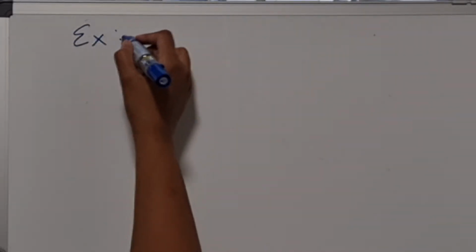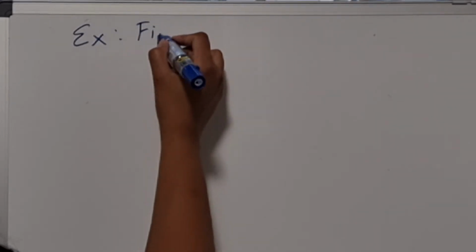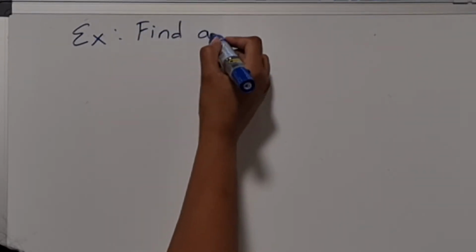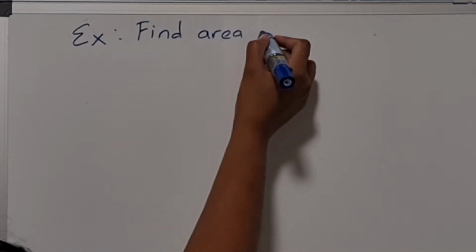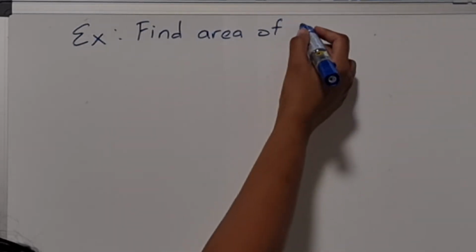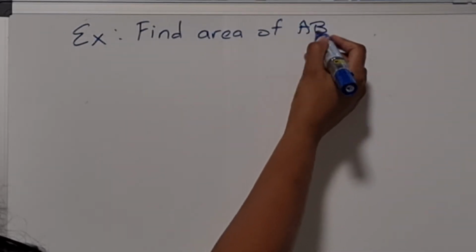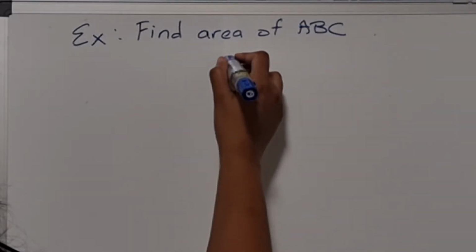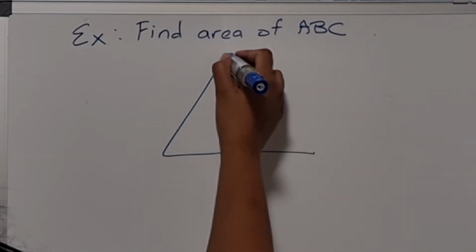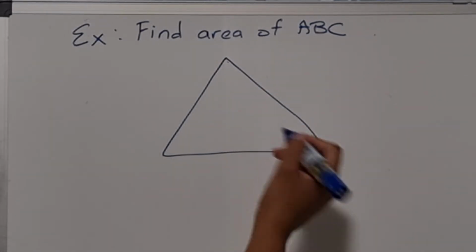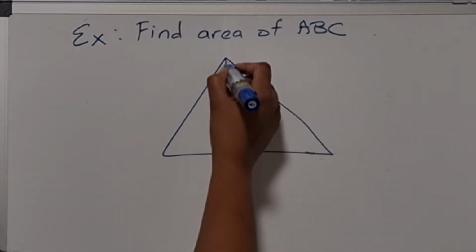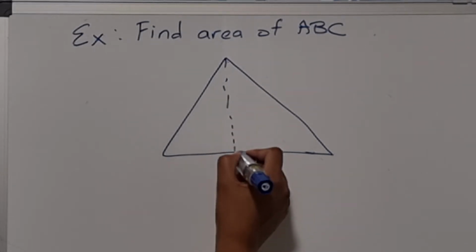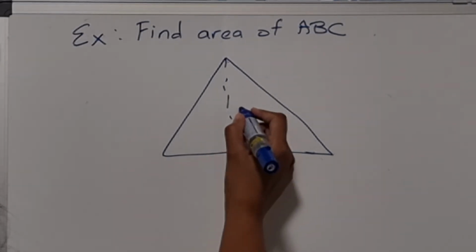Okay, for example, find the area of ABC. So let's say I draw the ABC. Okay, so I give this is the height.